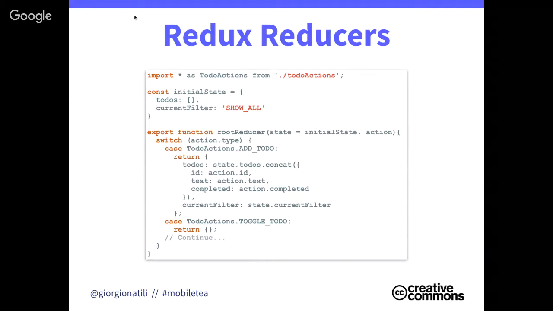For instance, this is the to-do app that you find on the Redux website. It's returning to me, when I add the to-do, so when we have an action that is add to-do, it returns a new object. This new object is an array to which the last to-do gets concatenated.